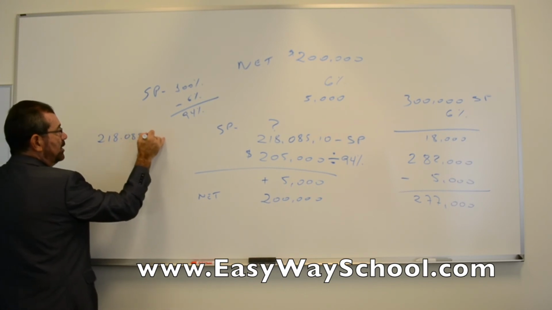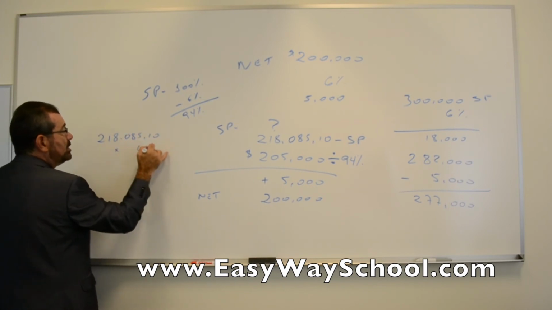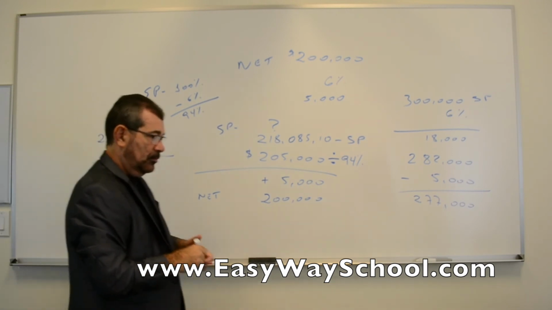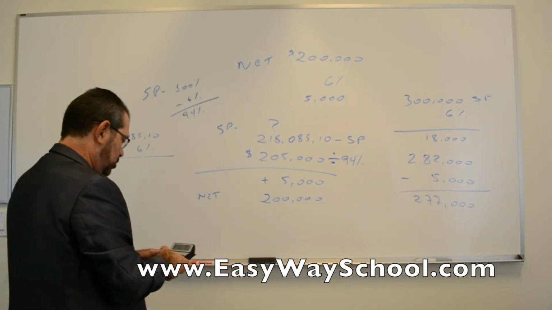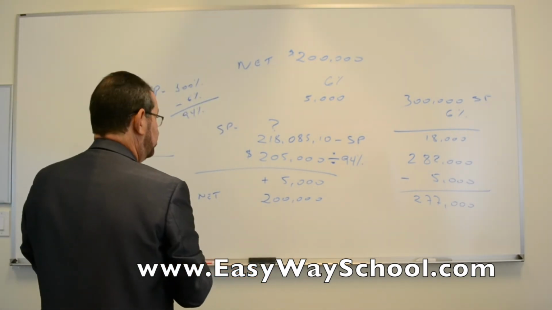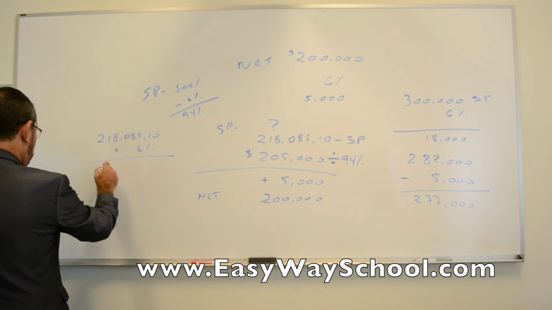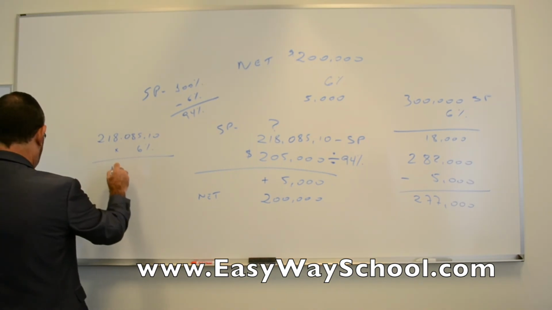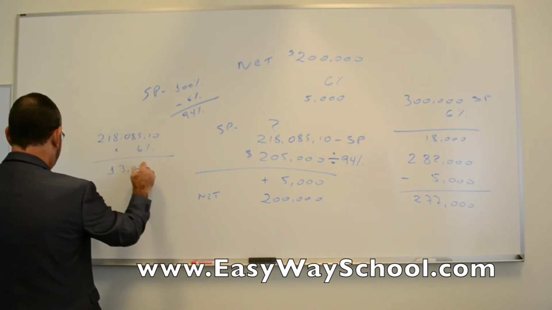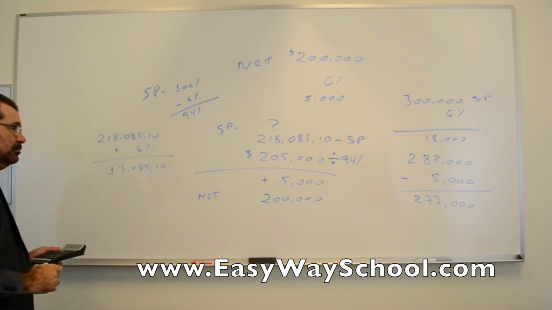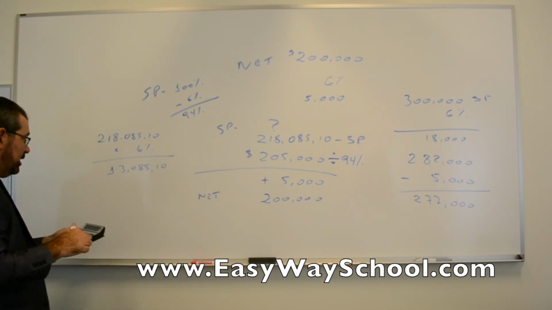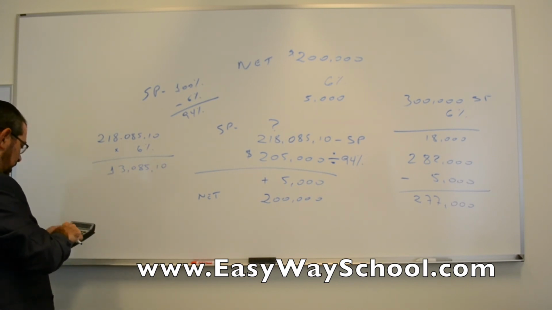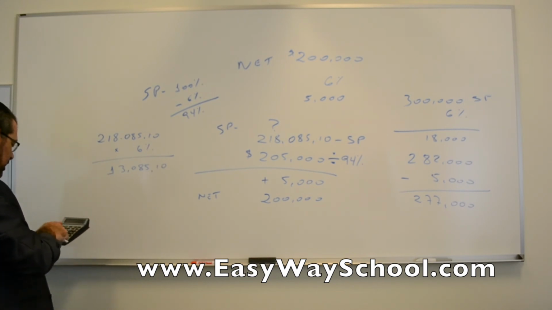So now let's put 218,085.10 and multiply by 6%. That's going to give me 13,085.10. I will subtract this from 218,085.10.